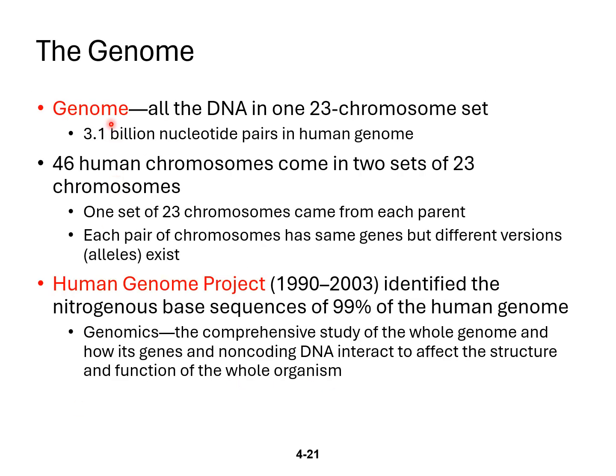So the genome is all the DNA in one set of 23 chromosomes. It could be on one of the sister chromatids or the other. 46 human chromosomes come in two sets of 23. Each chromosome is a strand of DNA.